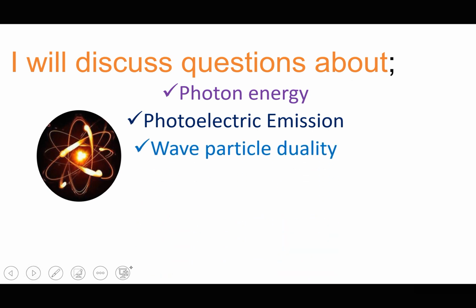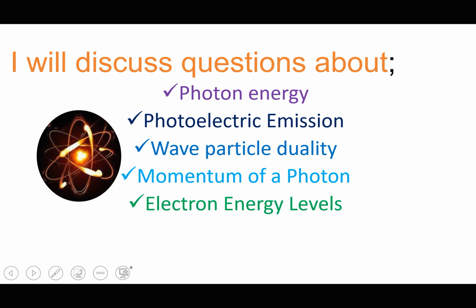Questions will be about the wave-particle duality, that is light existing as a wave and at the same time as a particle, or electromagnetic radiation existing as a wave, or being explained as being made up of particles. We shall also see momentum of a photon, and lastly, the questions will be about electron energy levels.